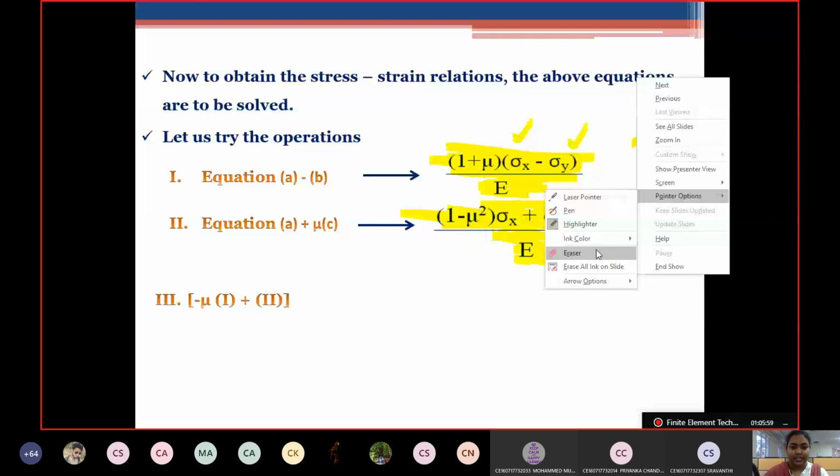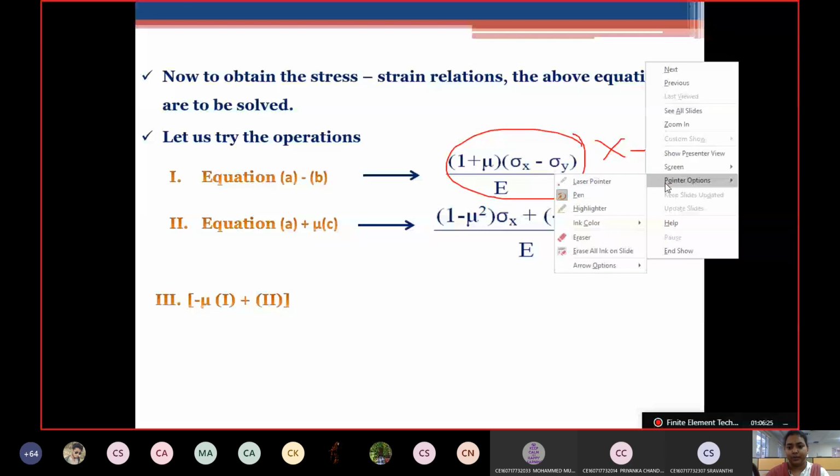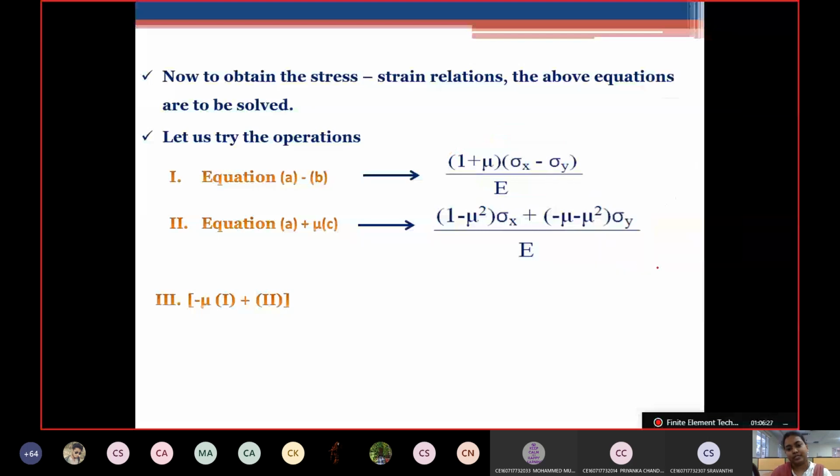This is whatever equation we got here, equation number 1. The output of equation number 1 should be multiplied by minus mu, and that has to be added to your output of equation number 2. That is your final operation, what you should do. Please do it fast.